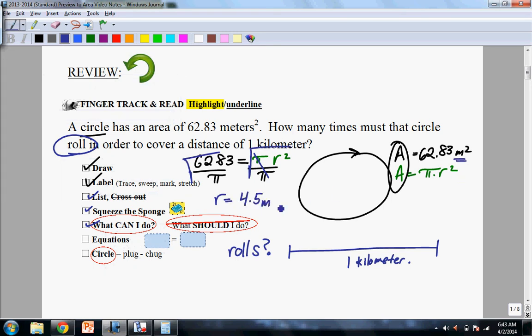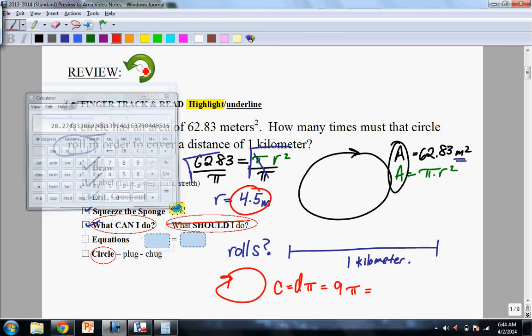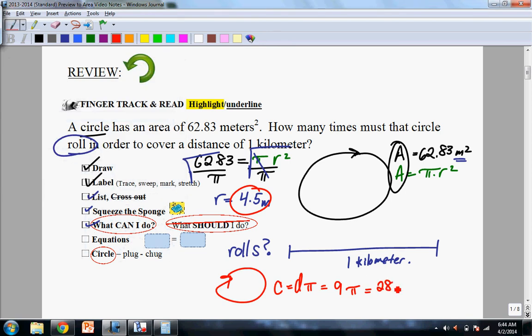Watch your units, meters. Now I want to talk about roll, and something that rolls technically means circumference. So we're going to do circumference equals d pi. If our radius is 4.5, our diameter is 9. 9 times pi gives us 28.3 meters.